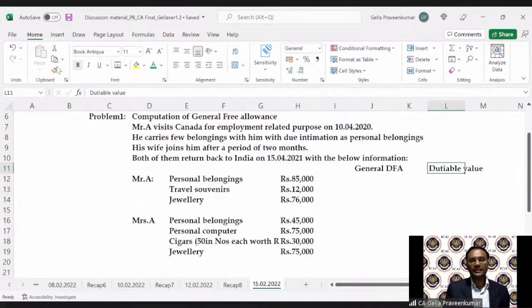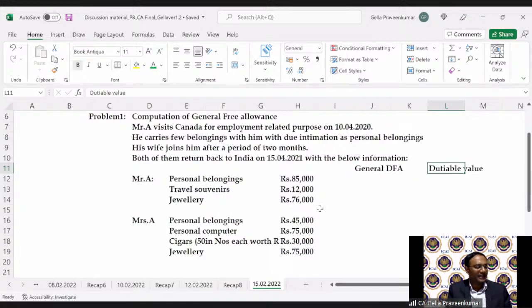Sumit says for A, all are exempt. Okay. Now, Sumit, look at your page number 5.48. This Mr. A is coming back with jewelry. Now, for jewelry allowance, how much have they permitted, Sumit?